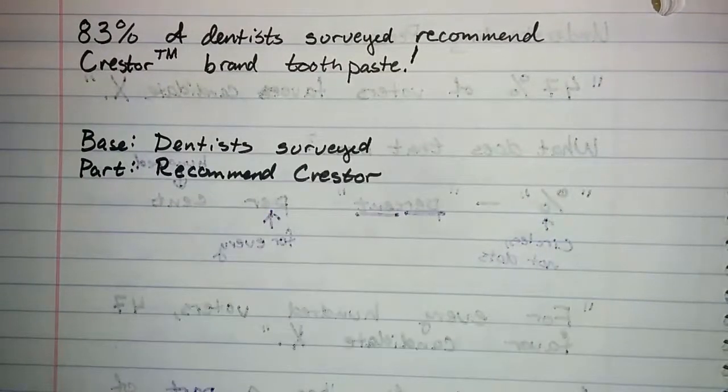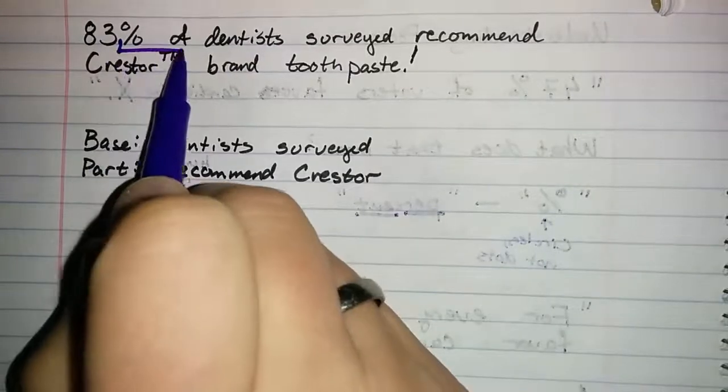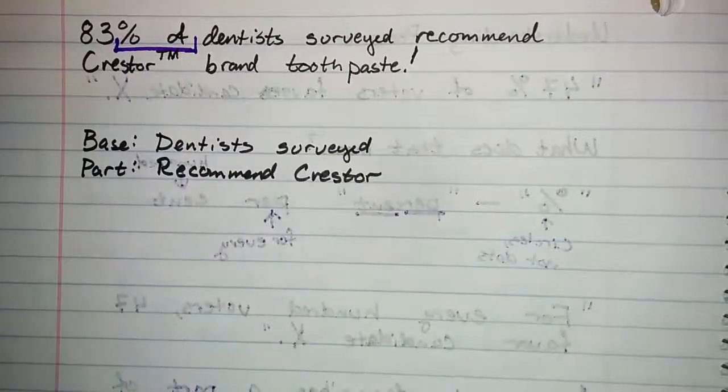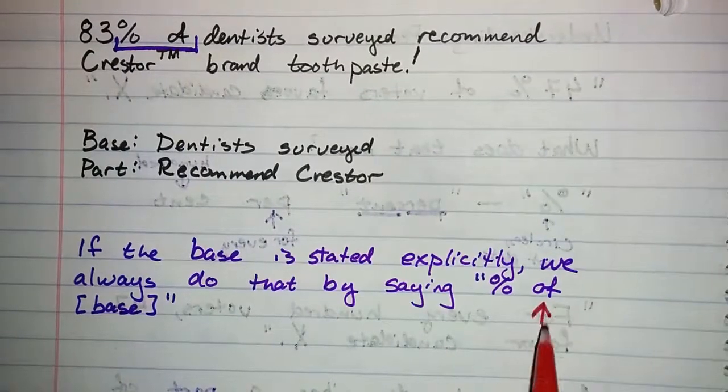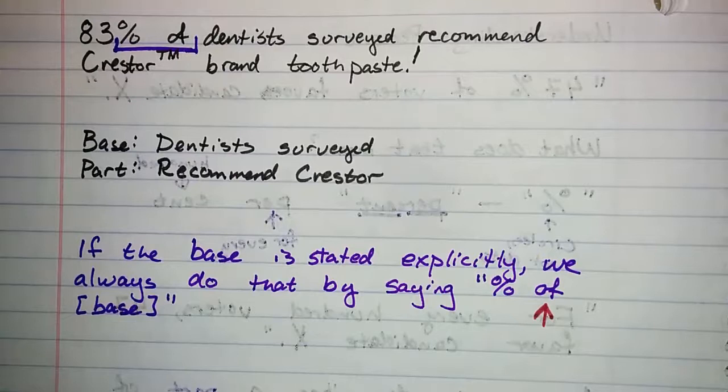Now, there's a specific way that we use words around percent. If we're going to say what the base is explicitly, we will always say percent of. So always the preposition is of. We don't use any other word to introduce the base.